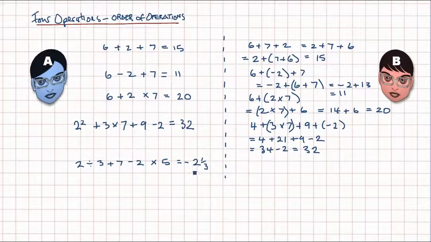All right, let's see if person B can interpret this correctly. So first of all, they're going to deal with the division and multiplication. The division's up front, so we'll deal with that first. So we've got 2/3. Now we've got our plus 7, subtract.